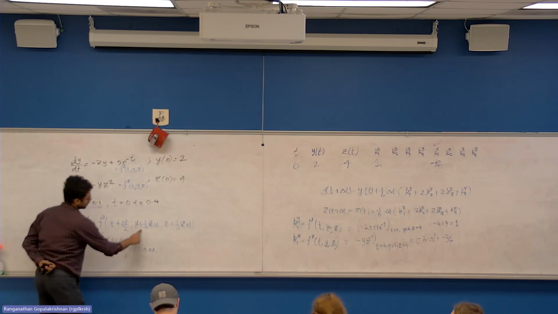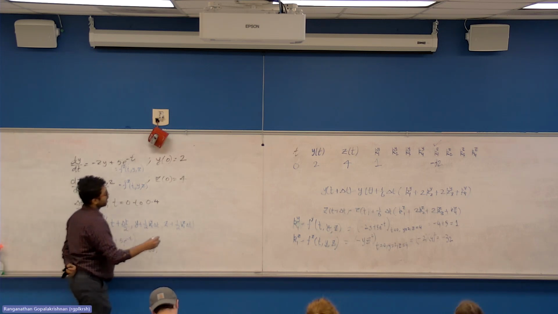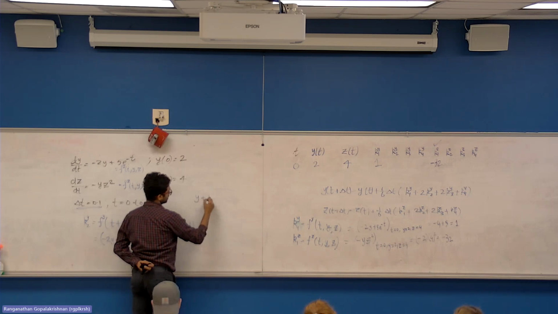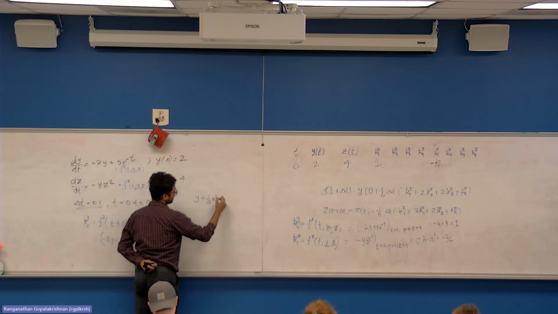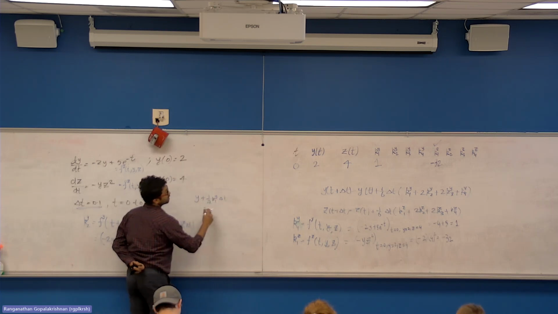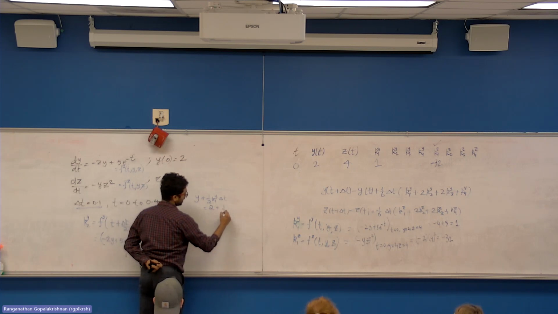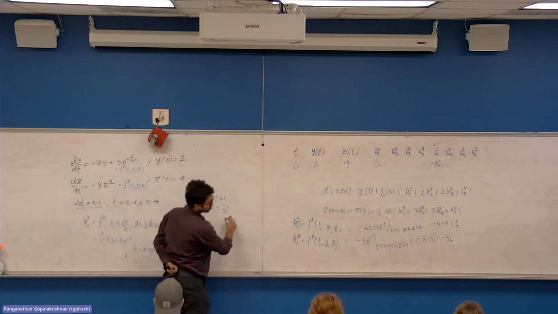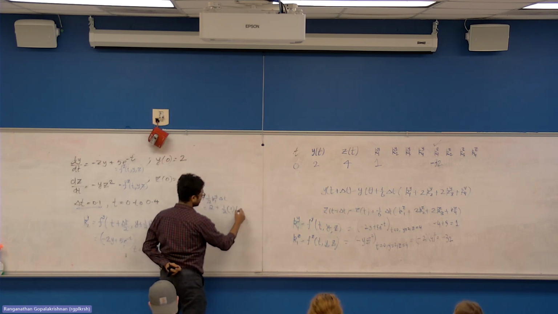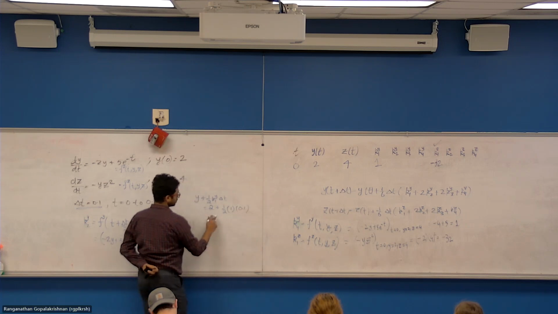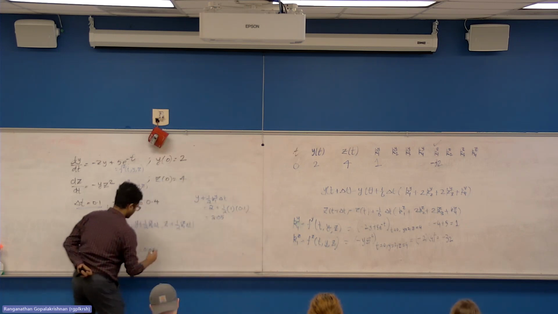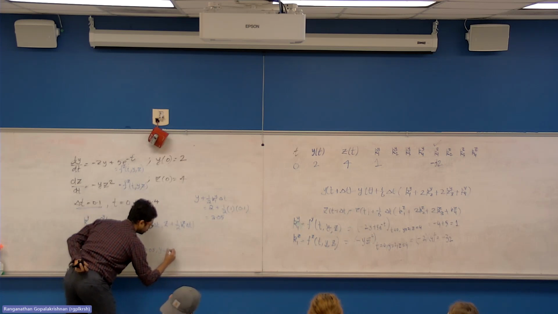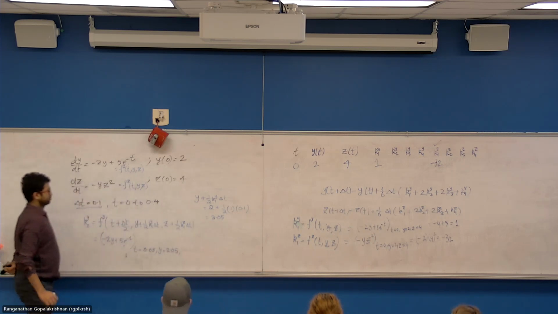And what is this? Y plus half k1y times delta t is 2 plus half times what is k1y, 1, times 0.1. So this is again 2.05, at y equal to 2.05.